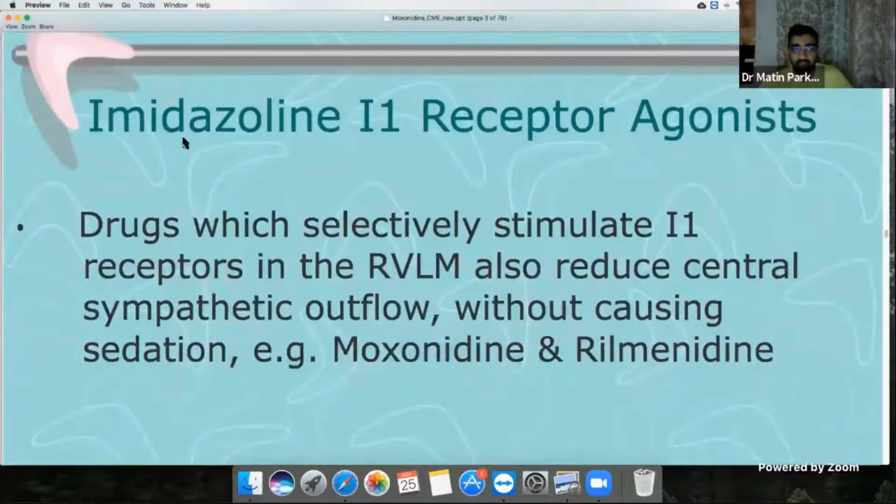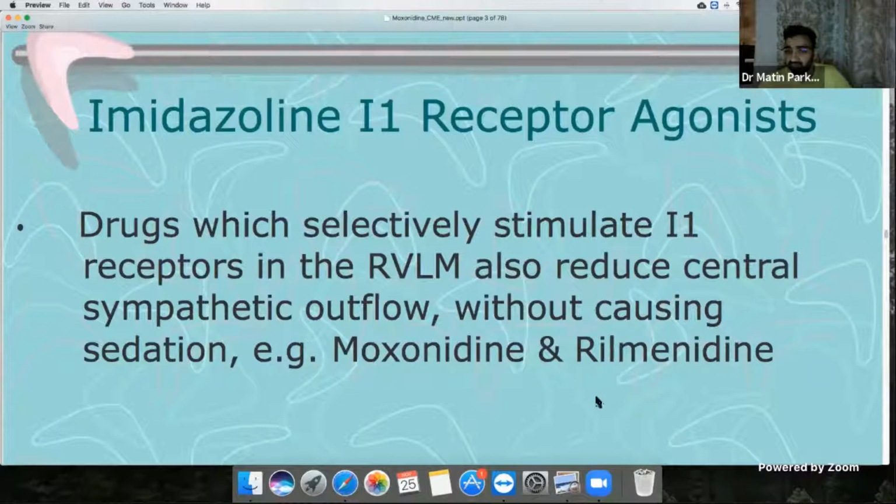These are imidazoline receptor agonists. Drugs which selectively stimulate I1, sorry, I have been saying blockers. These are agonists, they stimulate I1 receptors in the medulla and reduce central sympathetic outflow, without causing any sedation.